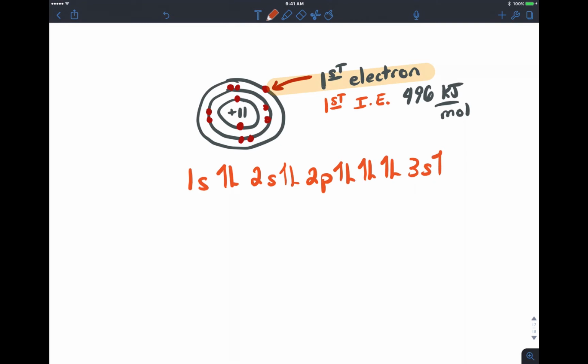All right, so we are taking the outermost electron, that 3s1, and we're applying 496 kilojoules worth of energy to remove it. All right, now when we remove that, that is no longer with our element. And if we count up the outermost electrons now, in that second energy level, you have 8.